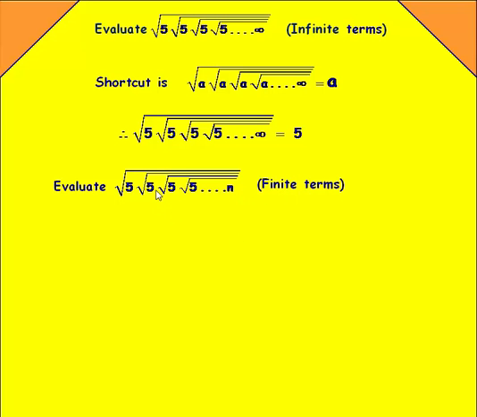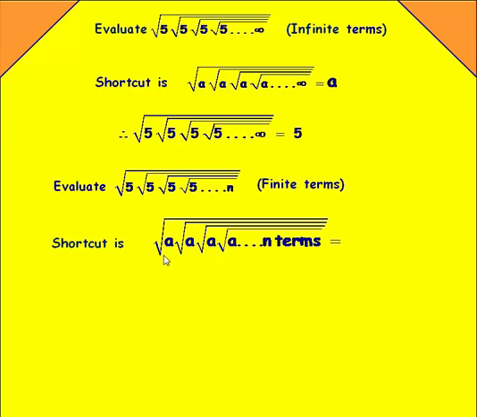Now to calculate this nested square root value, we have a shortcut, that is square root of a into square root of a into square root of a and so on n terms. Here n is a finite number, then the value is a power 1 minus 1 divided by 2 power n. Here n is the number of terms.